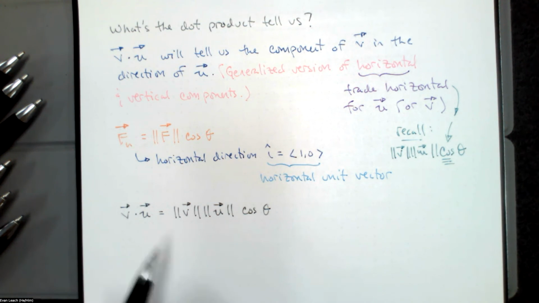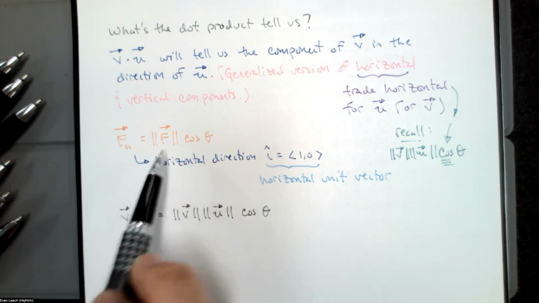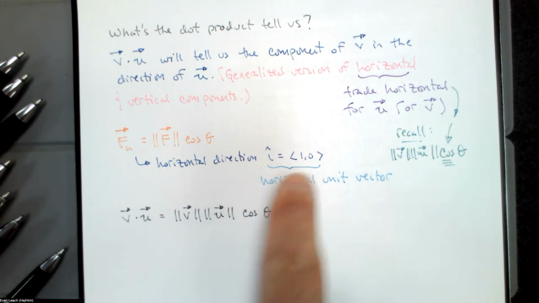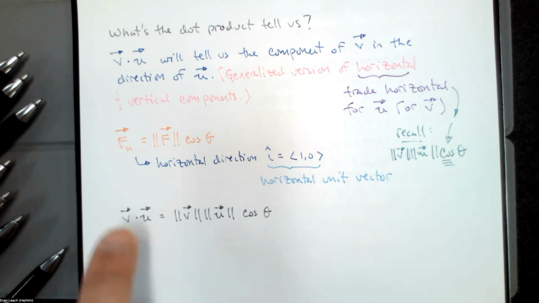So the question is, our horizontal vector was magnitude of F times the cosine of theta. And we know that this is going in the horizontal direction because it's FH, because we were just doing horizontal and vertical components. But this is a component of the vector. How much is going in this direction? But I've said that this is related to what we're writing down here with this dot product business.